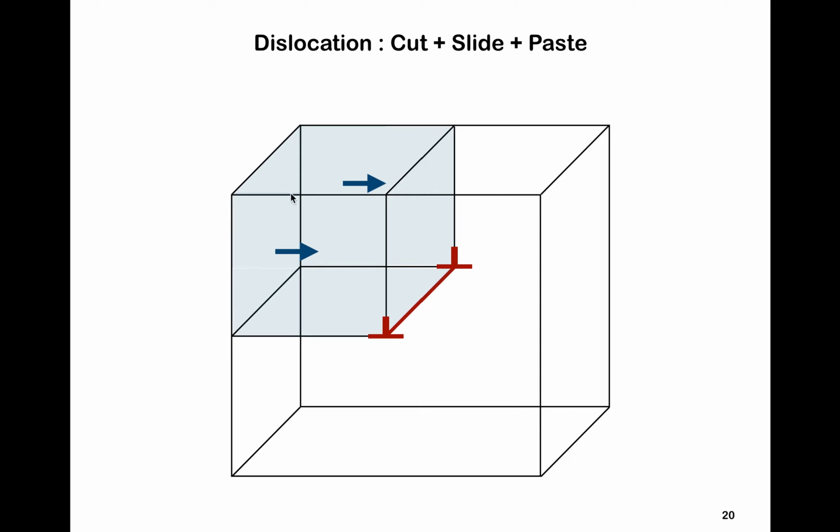You see a crystal in which there is this black square shaded in grayish blue. That is the extra half plane, and this red line which goes through the crystal is an example of a dislocation line. Specifically, in this case, it is an edge dislocation.